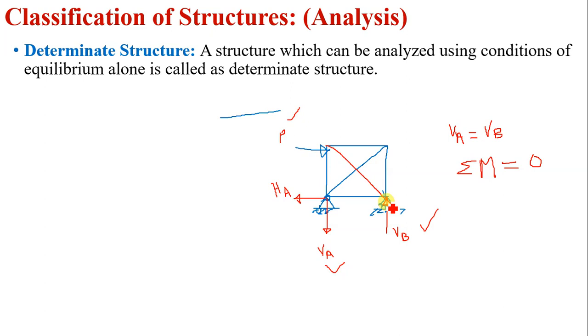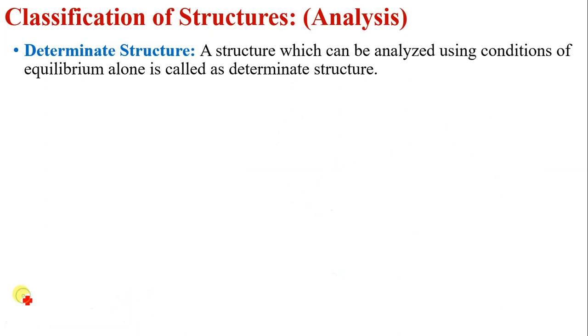That we will discuss in continuation with the basic discussion. But determinate structure means one which can be analyzed using conditions of equilibrium alone. For example, if we consider a structure like this.